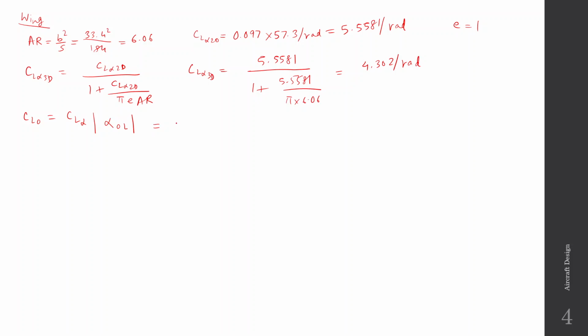So this is 4.302 into, when we use CL alpha we have to use the 3D value of CL alpha, 5 degrees, which we have to convert into radians, divided by 57.3.